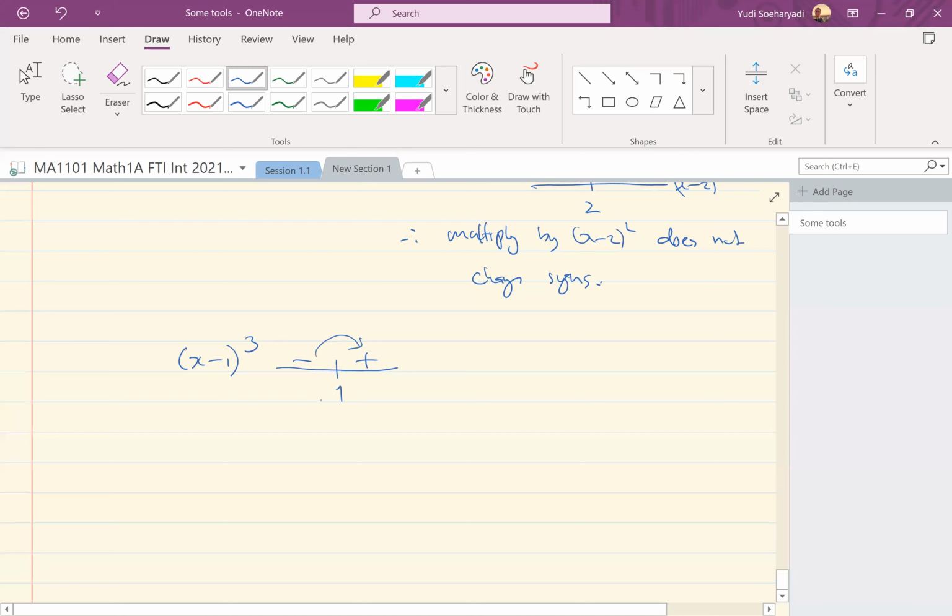So across x equals 1, you change sign, because you're multiplying by a positive to the right and a negative to the left. The sign will change. But for an even power, for example 6, the sign is positive on both sides, so you will keep the sign.